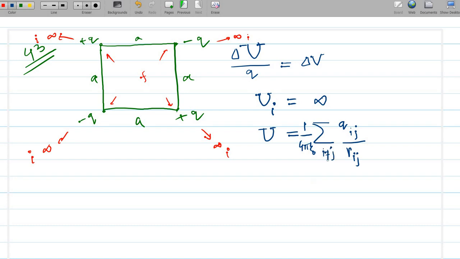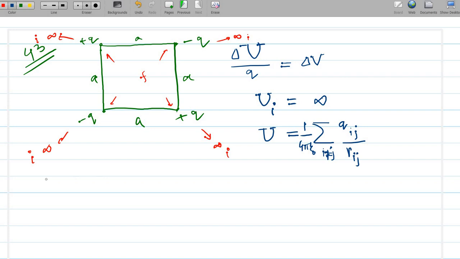So that's excluded. So what's the energy required, or energy being stored in this case, from working for or against the electrostatic field to assemble these things?